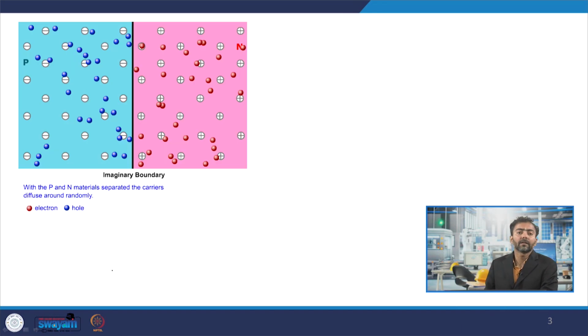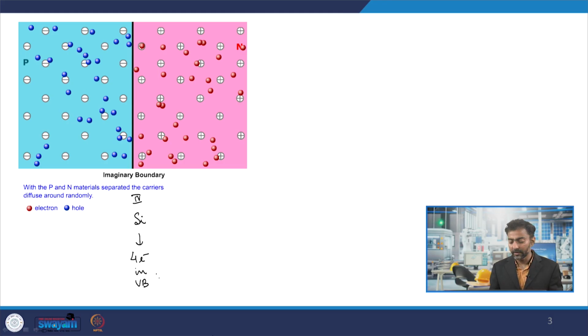If you look at the semiconductor materials, the most popular and most common one is silicon. Silicon comes in the fourth group, the fourth column of the periodic table, and has 4 electrons in the valence band.